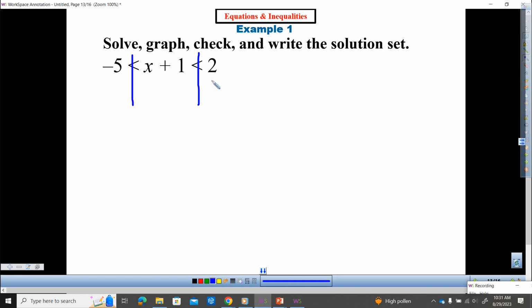No. The right? No. Step 2, isolate. Leave the variable by itself. What do I do here? Subtract 1, but I do that to all sides. This is -6 less than x less than 1. Copy that, please.